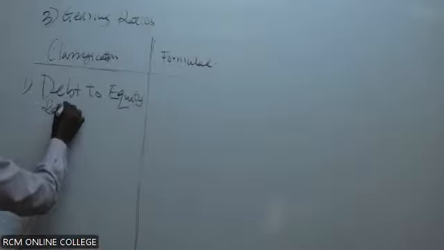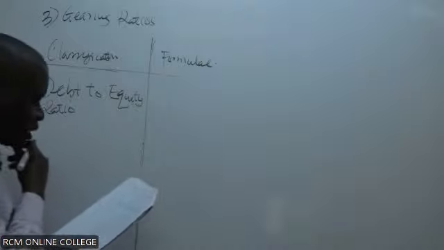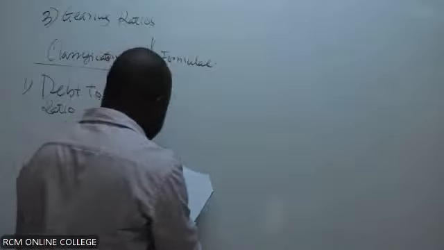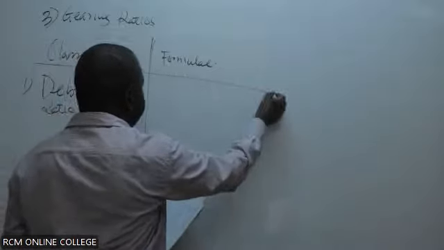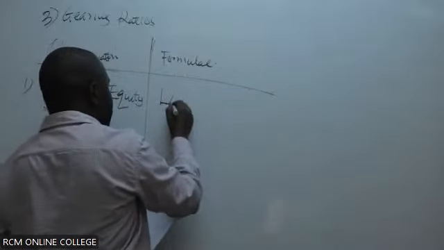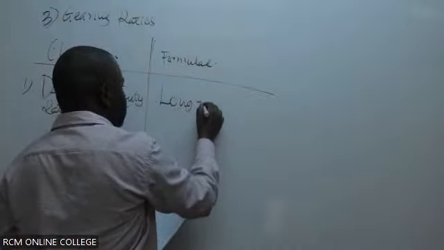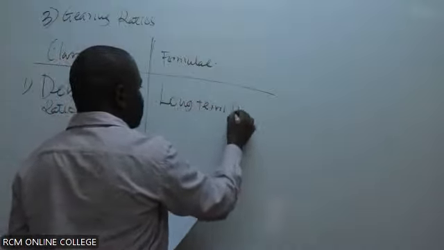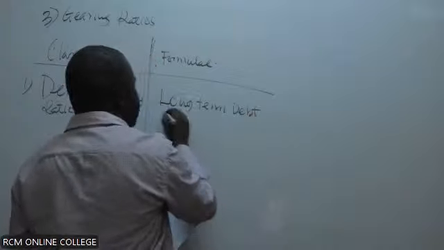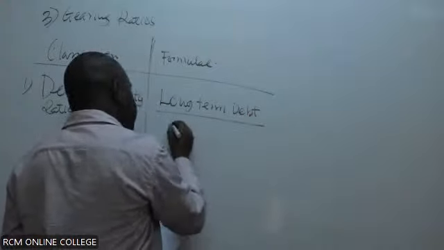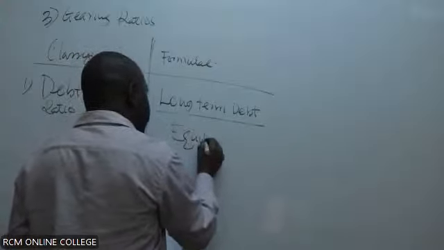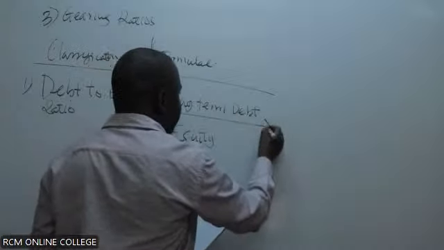What is the formula? You take long-term debt, you divide by equity, then you multiply by 100%.